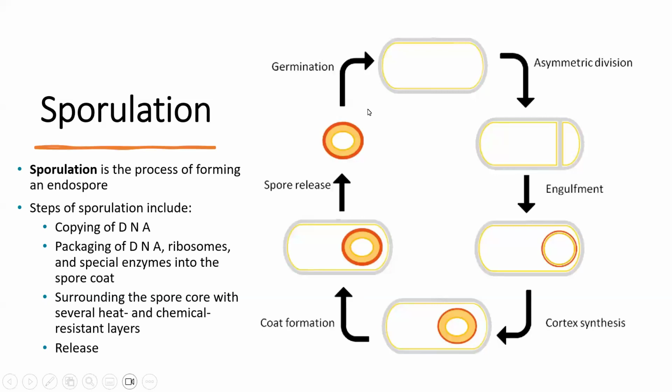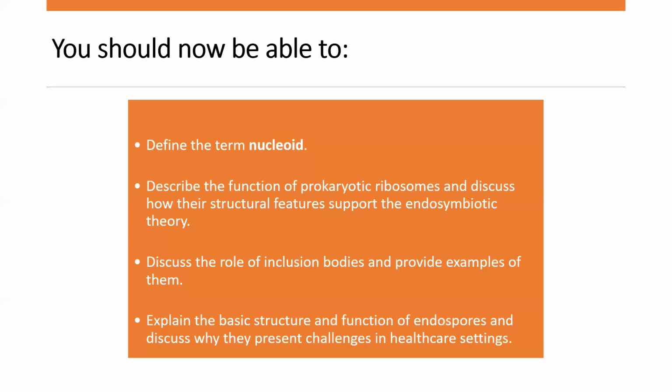And then finally, when the conditions are good again, the spore germinates and you get a vegetative cell again. So with that, you should now be able to define the term nucleoid, describe the function of prokaryotic ribosomes and how their structure relates to endosymbiotic theory, discuss the role of inclusion bodies and give examples, and explain the basic structure and function of endospores.